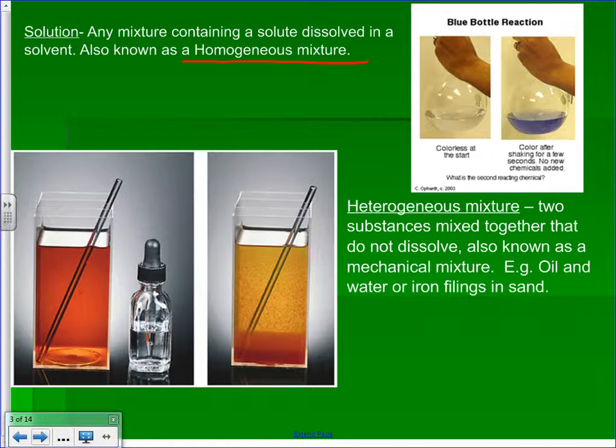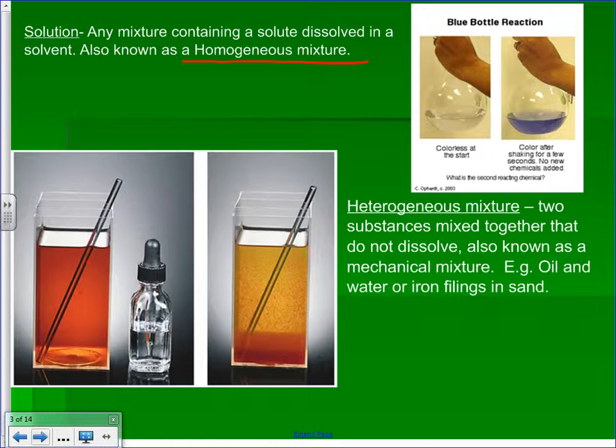Hetero means many. So there are many parts to this material here. Now, if I stir it, can I get the material that's sitting down here on the bottom to get suspended? But is that the same as being dissolved? No, because if it's suspended, it's eventually going to fall down to the bottom again. It's not truly one part like in a homogeneous mixture. Okay?